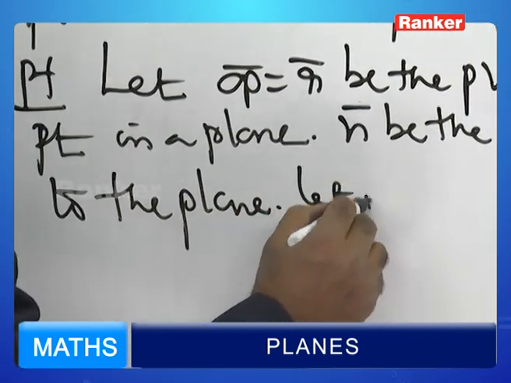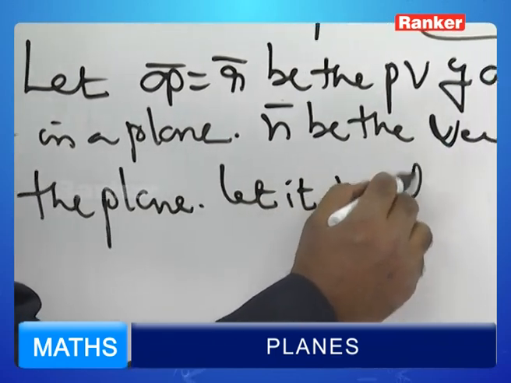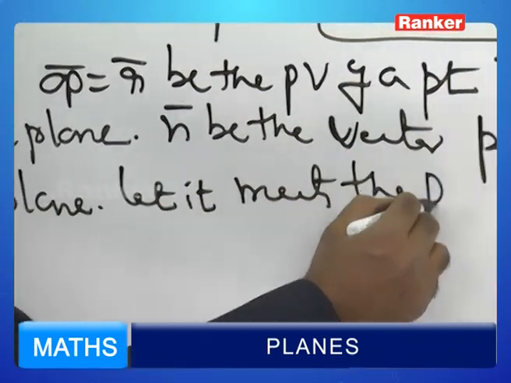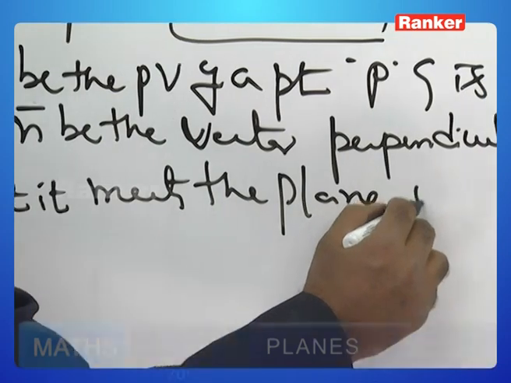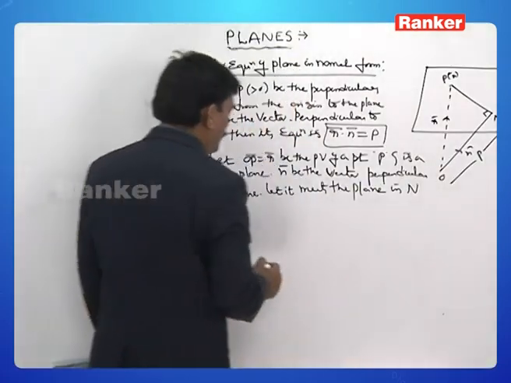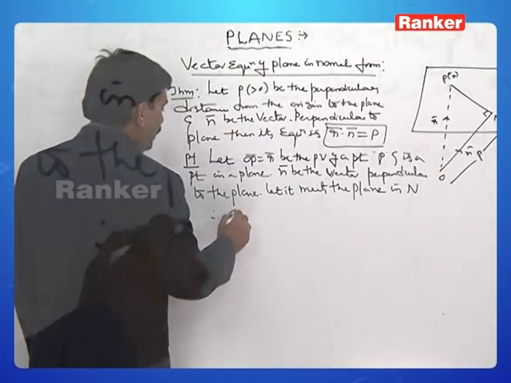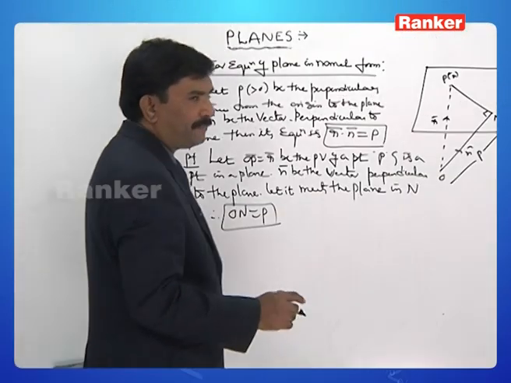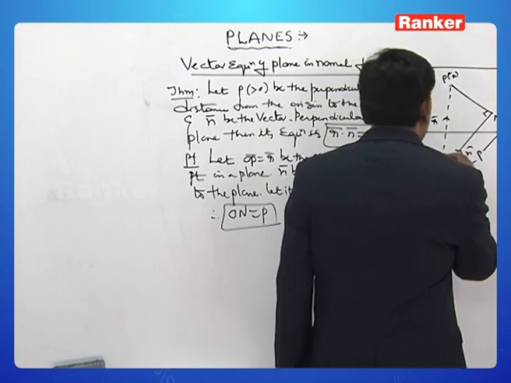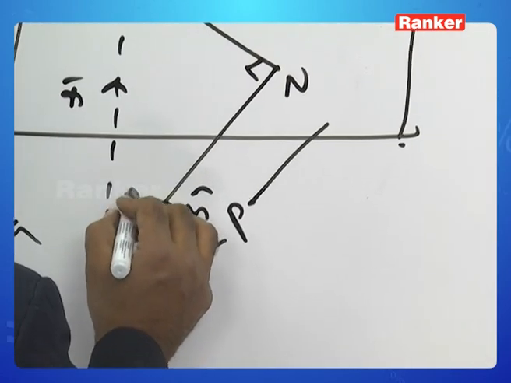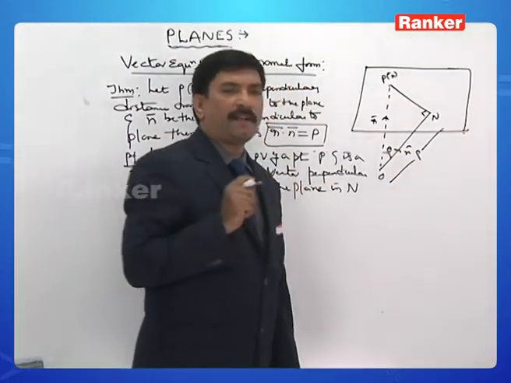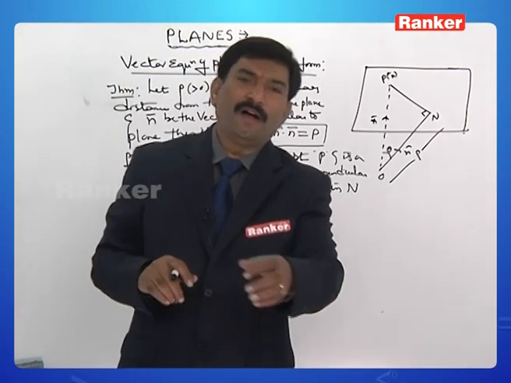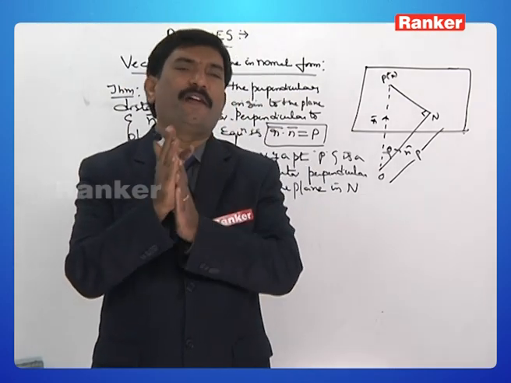Let it meet the plane in capital N. So therefore, ON is equal to p. Now, I am going to take theta as the angle between r bar and n cap.